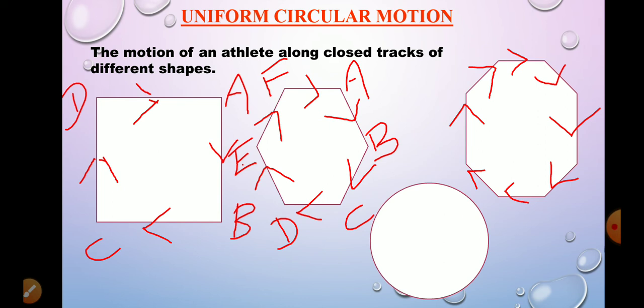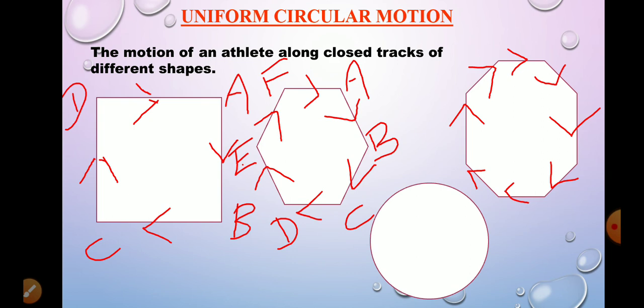That means if the athlete moves with a velocity of constant magnitude along a circular path, the only change in his velocity is due to the change in the direction of motion. On the circumference of the circle, at each point he has to change his direction.